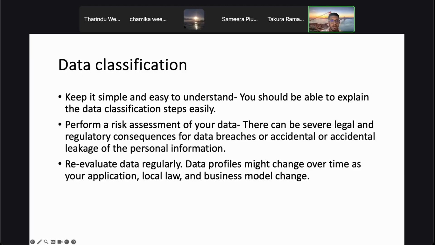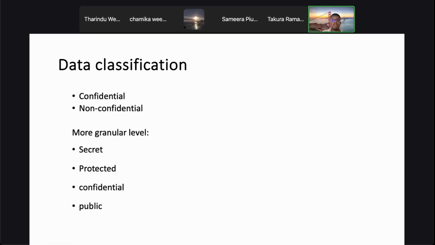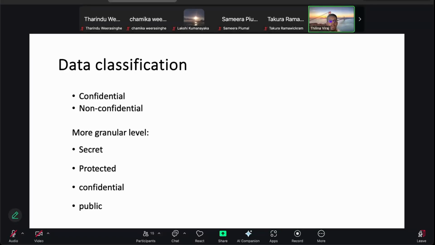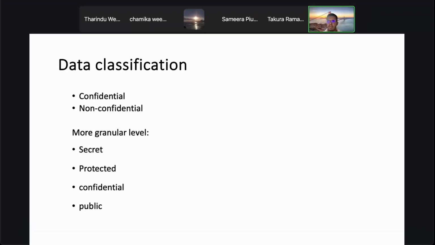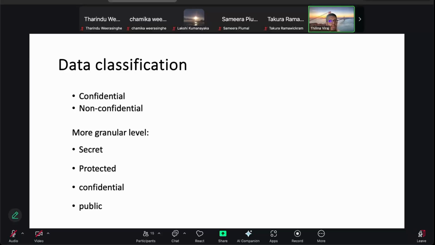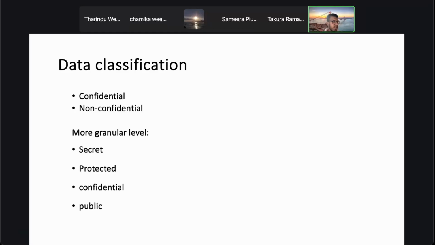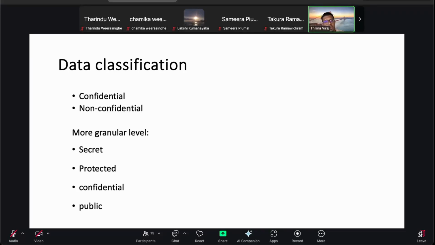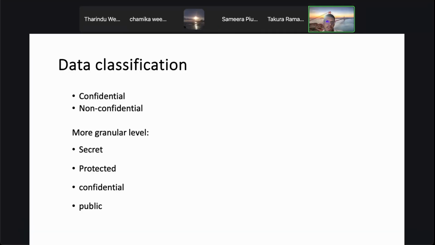You might have gone through data classification in different places. But I would say, to keep it more simple, I'll keep it as confidential and non-confidential. So that's the number one thing that I'm focusing on at the moment, right? So we keep it as confidential and non-confidential.